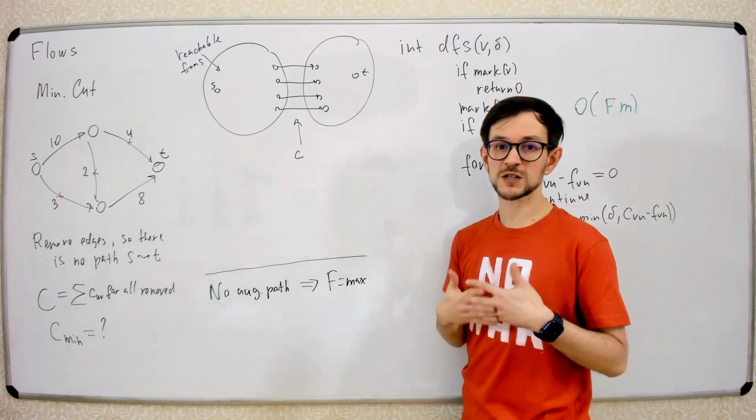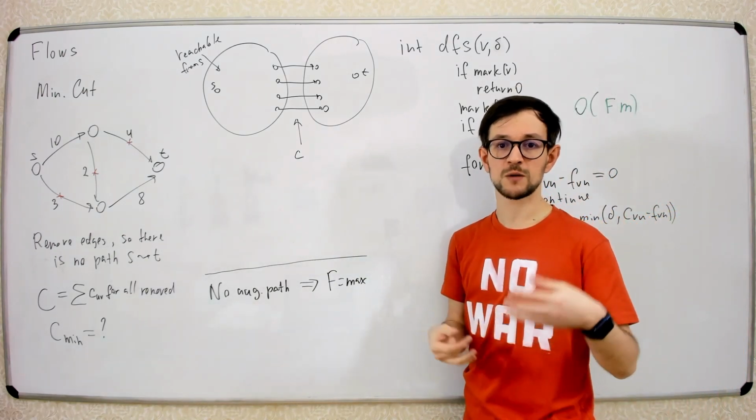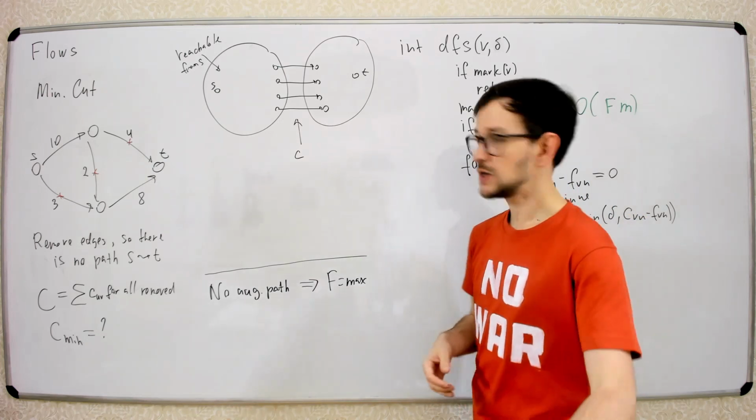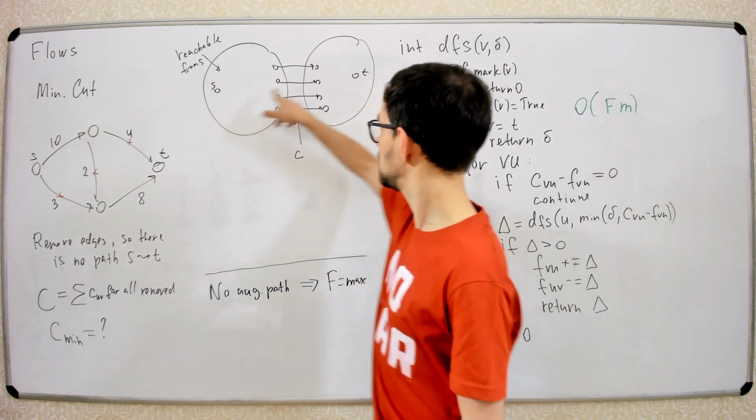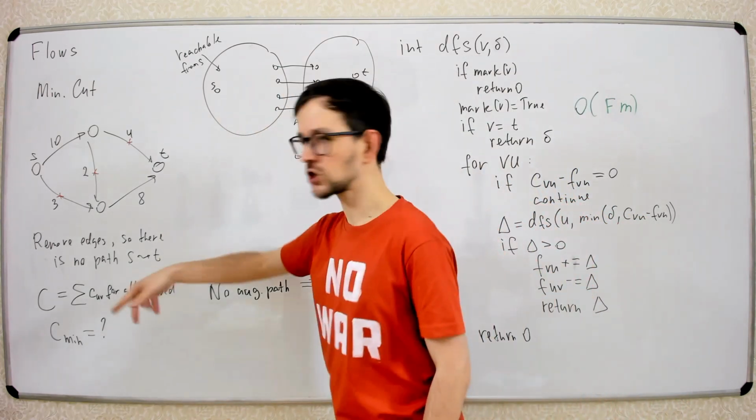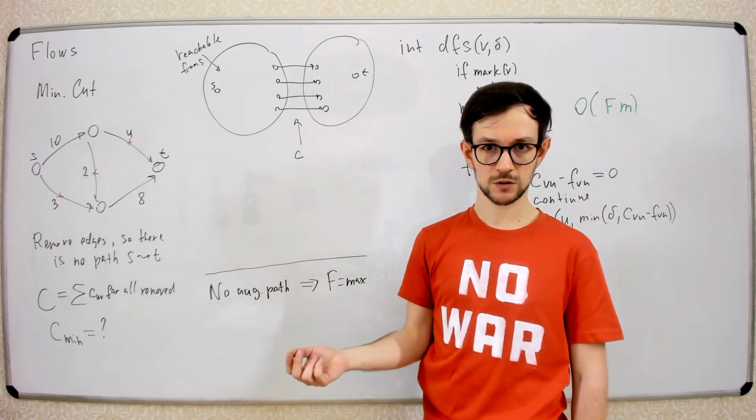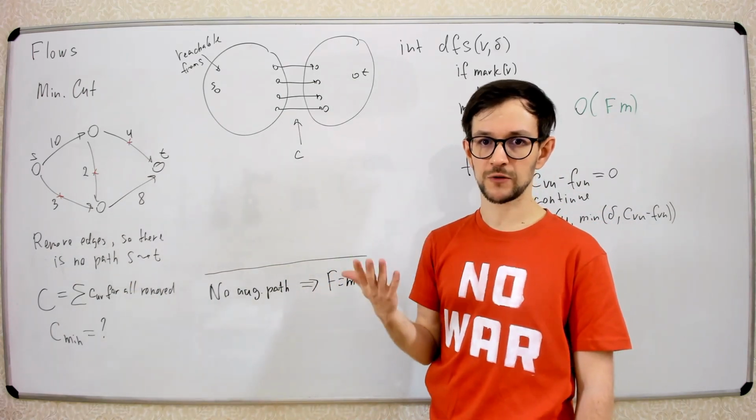Now let's think about some flow. If you have some flow in this network, a flow from S to T, and these costs are actually the capacities of the edges, what can you say about the value of this flow?